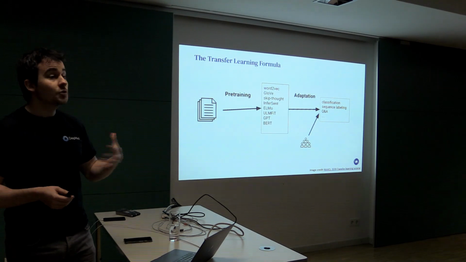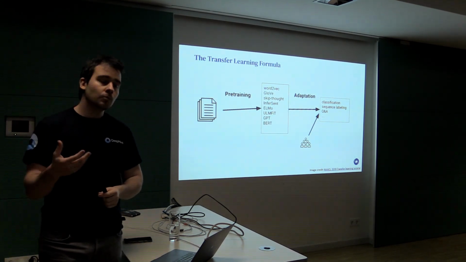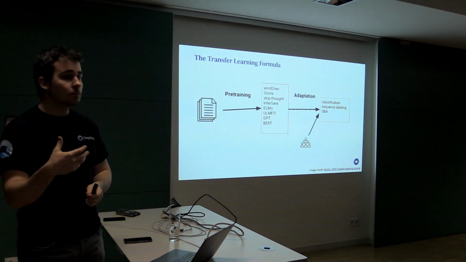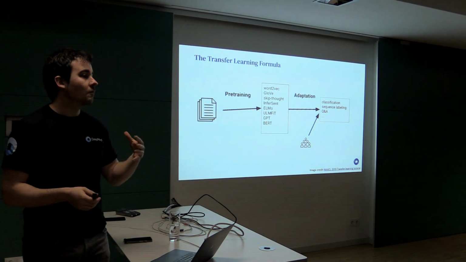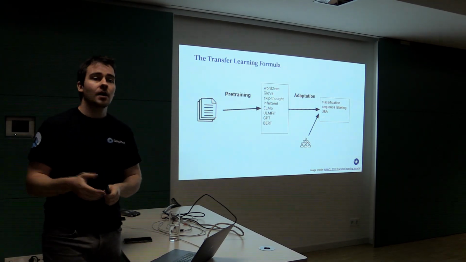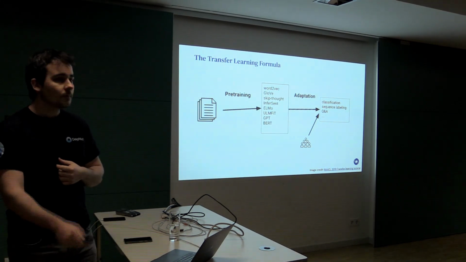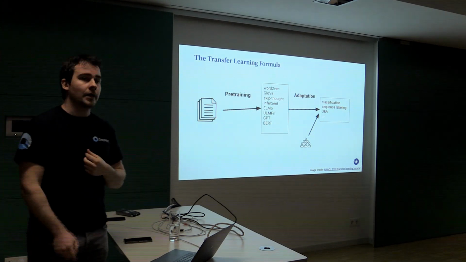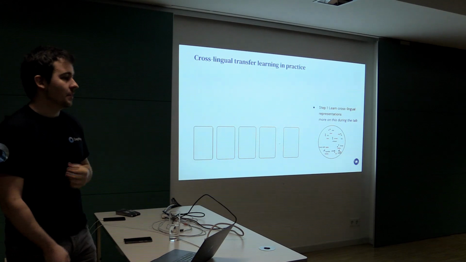Using that method, you would learn some representations. And now the only thing you would need is some amount of labeled data in your target task. You would typically fine-tune, or use the representations you learned as features, to transfer that knowledge to your new task. And the main difference in the cross-lingual setting is that we just add an additional step at the end.